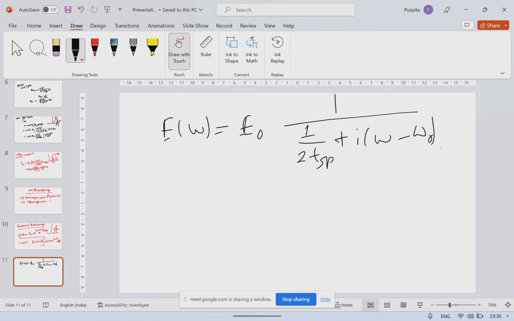So from this, the intensity I omega will be E omega whole square.